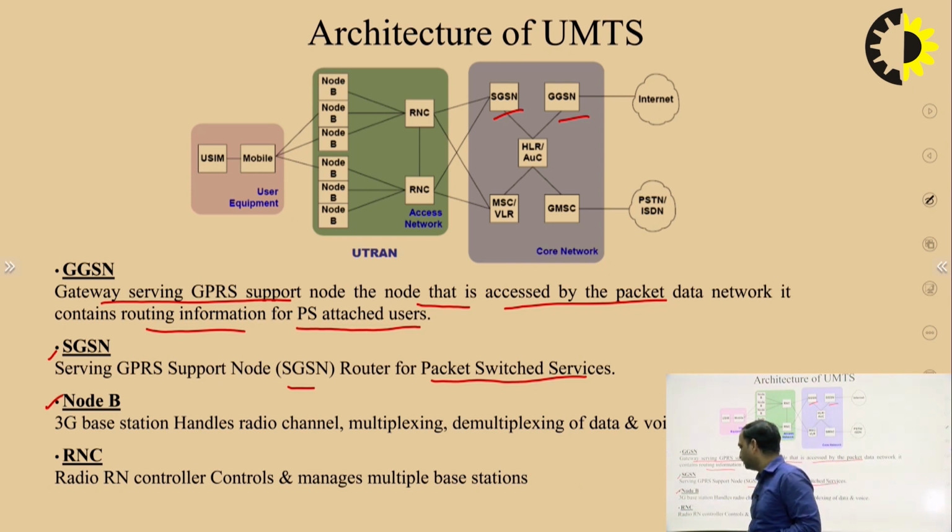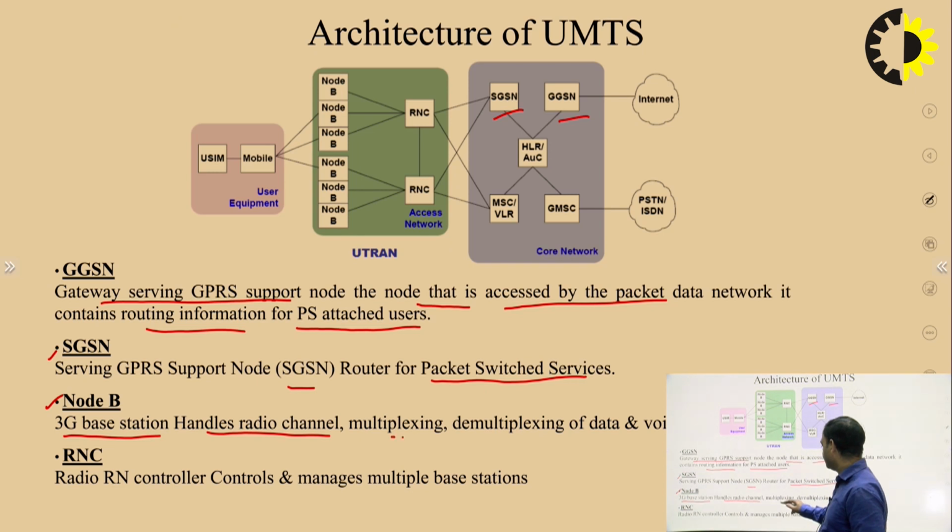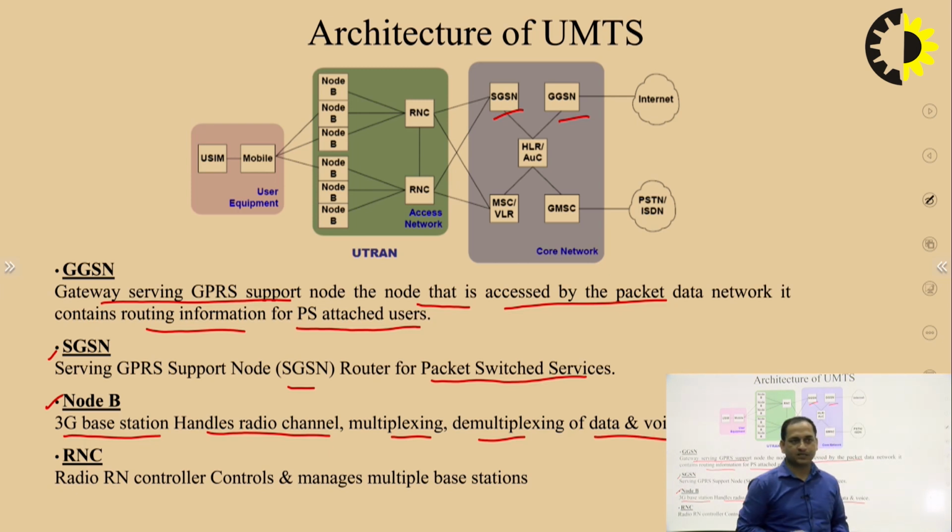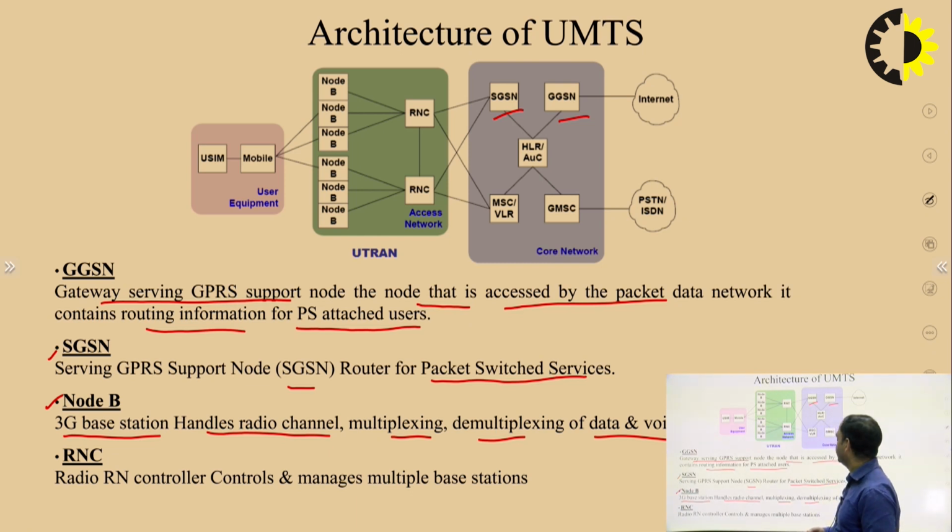Next is the Node B. This Node B is the 3G base station, as I just said, which handles radio channels and multiplexing and demultiplexing of the data and voice, right. It is the kind of base station that in GSM we call the BTS, but the 3G base station in UMTS is called the Node B.